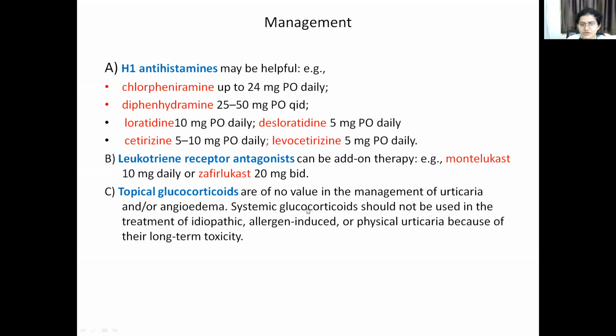Systemic steroids we are also not giving because they have long-term toxicity. So mostly the reaction subsides when you stop the drug and then you start with antihistamines. That can be first generation if you want a sedative property, or second generation cetirizine, levocetirizine, loratadine, desloratadine, and leukotriene receptor antagonists, that is montelukast and zafirlukast.